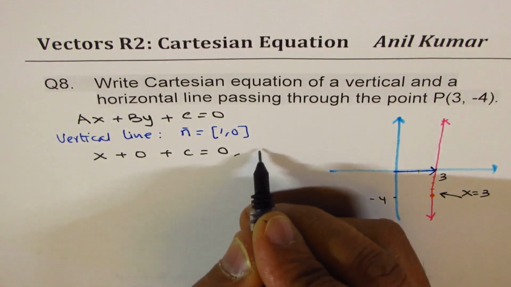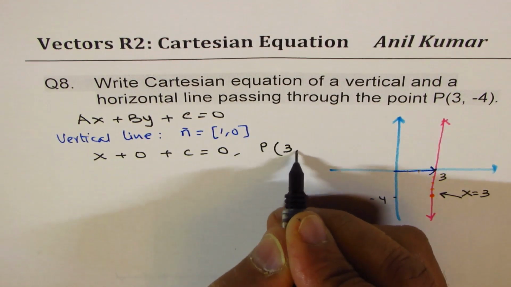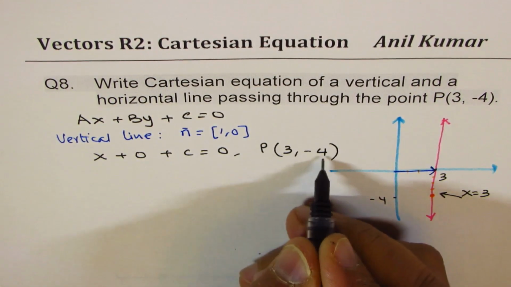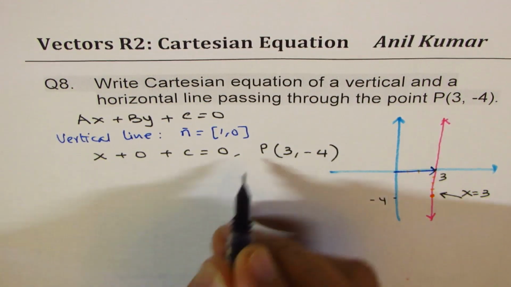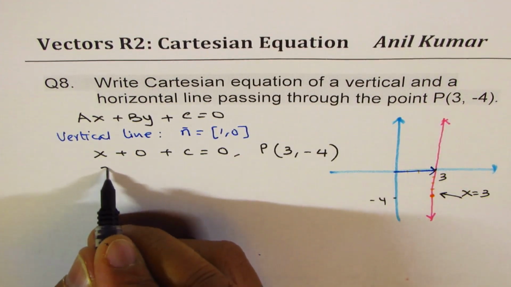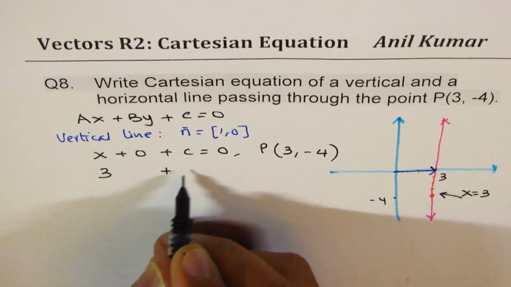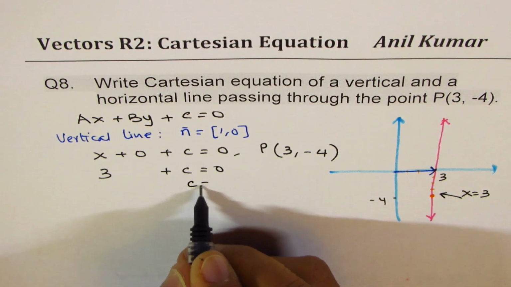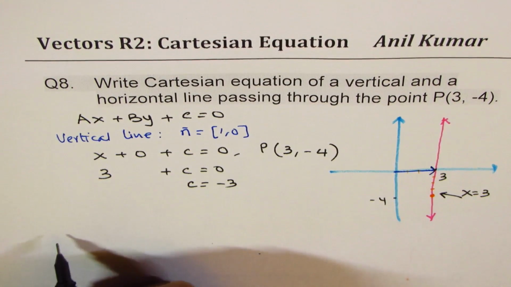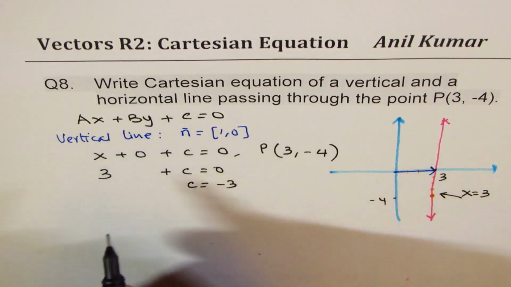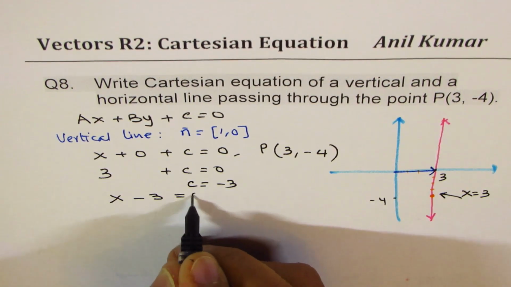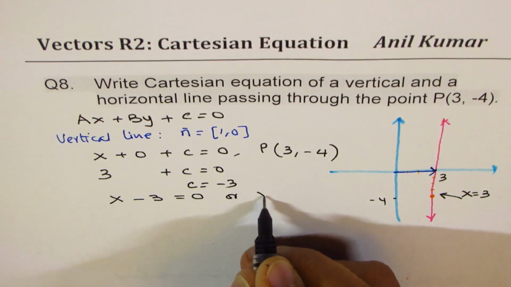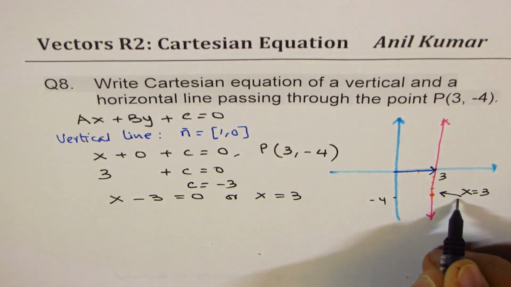And since it passes through the point (3, -4), I substitute this for x and y. y's coefficient is 0, so we are left with 3 plus c equals 0, or c equals minus 3. Therefore, we can write this equation as x minus 3 equals 0, or you can also say x equals 3. So you get the same equation.